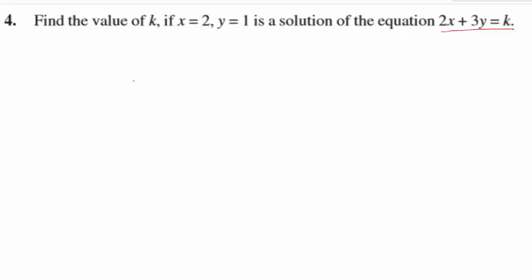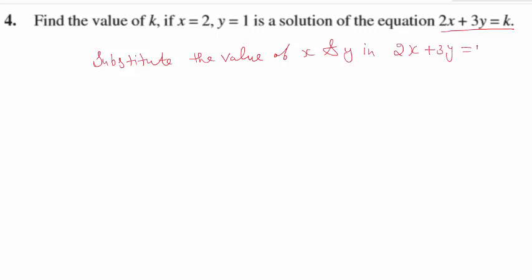So substitute the value of x and y in the equation 2x plus 3y equals k. Now 2 into 2 plus 3 into 1 equals k. So 4 plus 3 equals k, and 4 plus 3 equals 7. So k is 7.